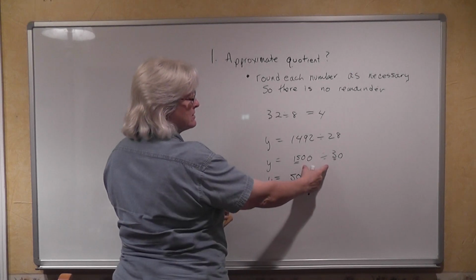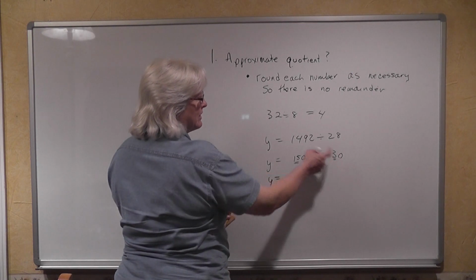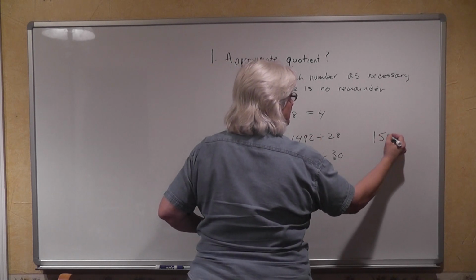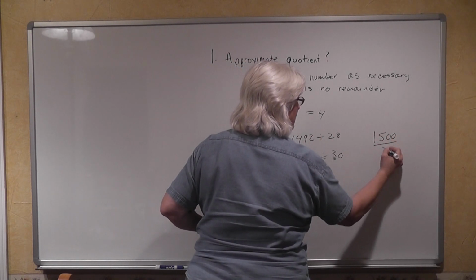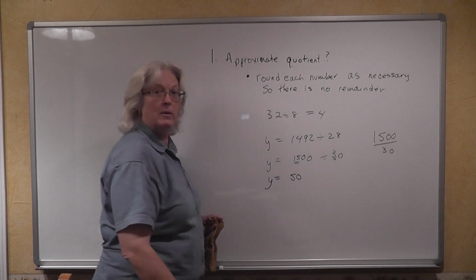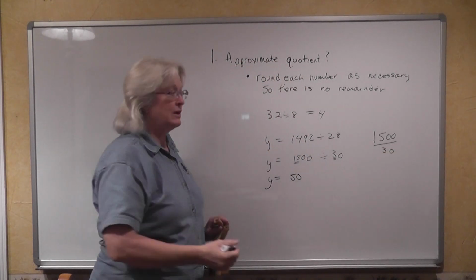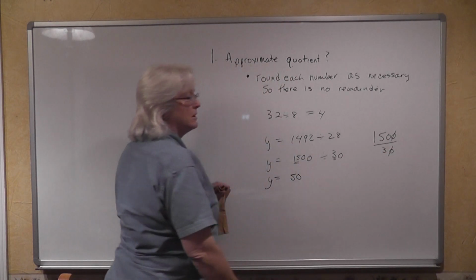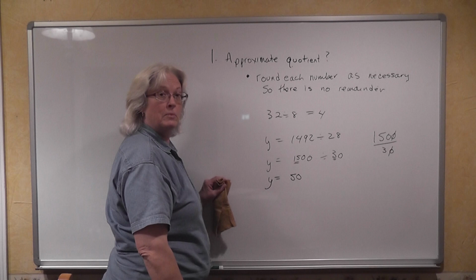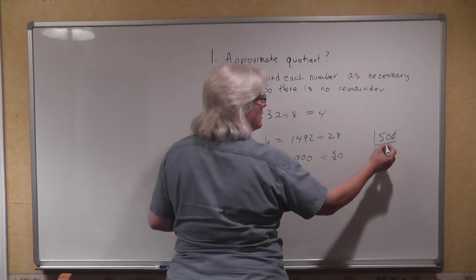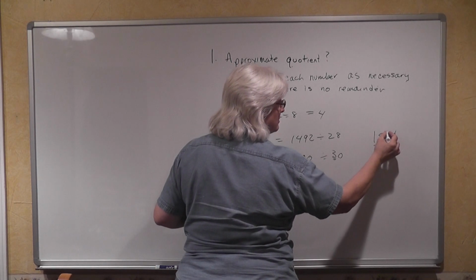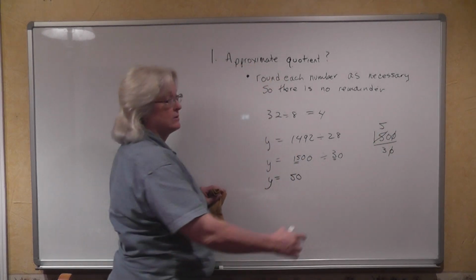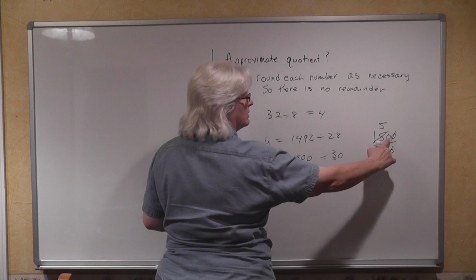But if you don't see this, that 1,500 divided by 30 is 50, write this as a rational expression, 1500 divided by 30. Remember, you can cancel a factor of 10, you can cancel your zeros. 150 divided by 3 is 50, or 3 goes into 15 5 times, and you have your 0.